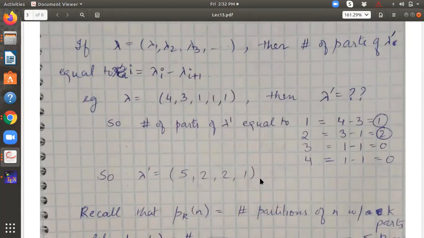Now, if you recall, pkn was the number of partitions of n which had exactly k many parts, right? We did this in the last lecture, when we did pn, pkn, and p of j comma k comma n. Everyone remembers that?